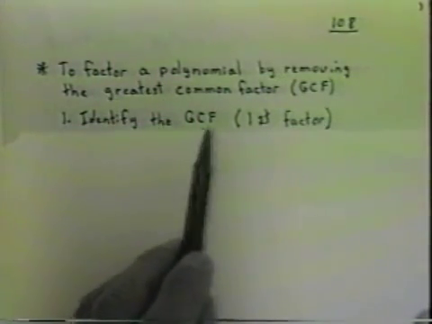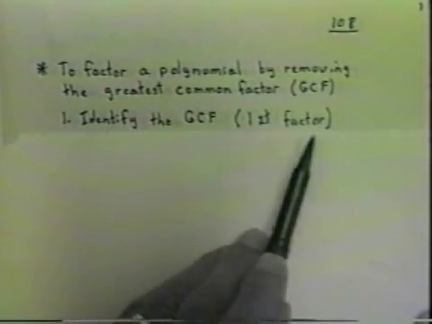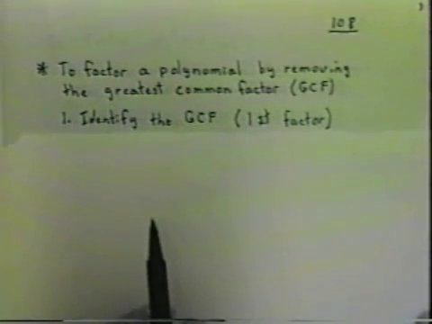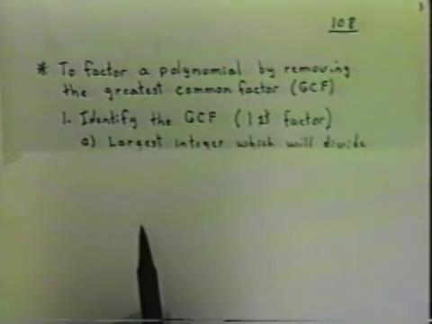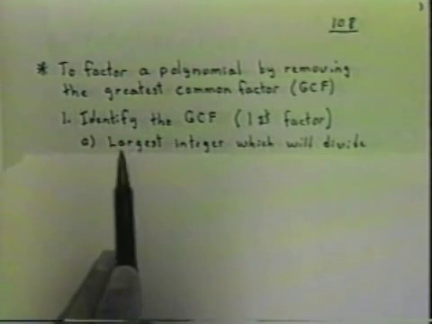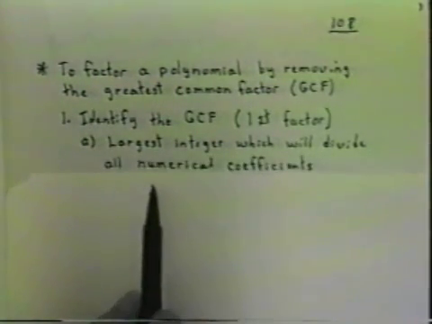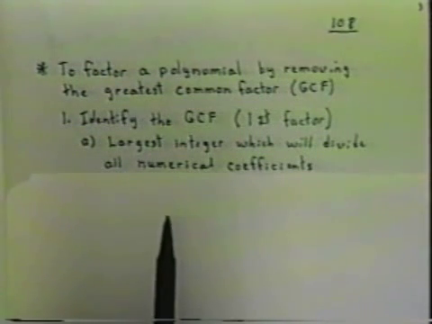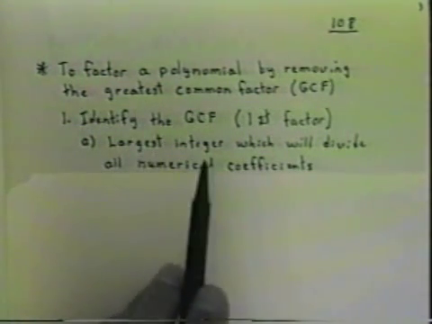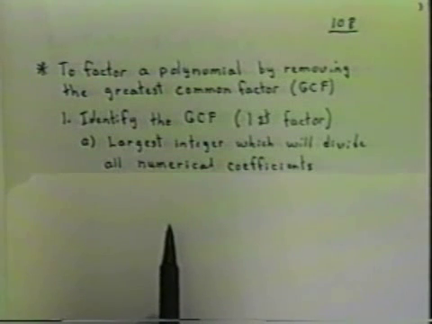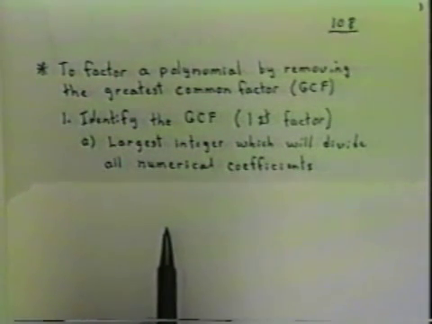And the greatest common factor will be the first factor of the answer. To identify the greatest common factor, you need to first of all look for the largest integer which will divide all numerical coefficients.